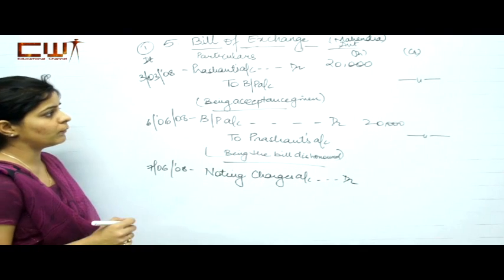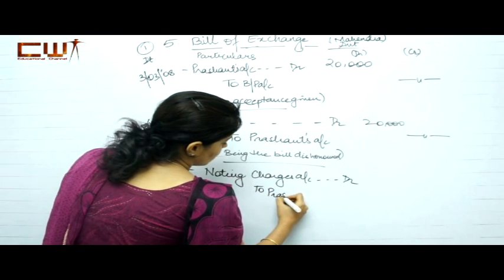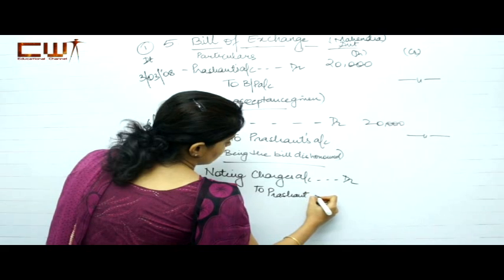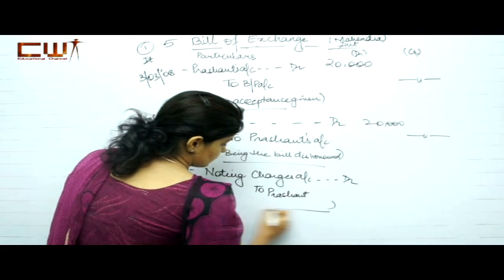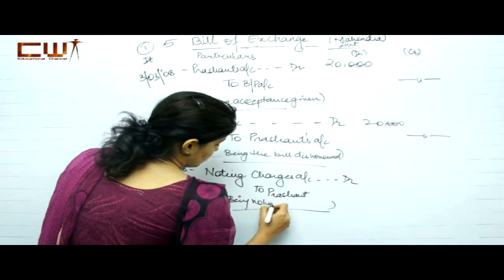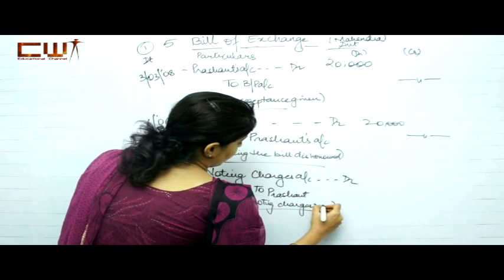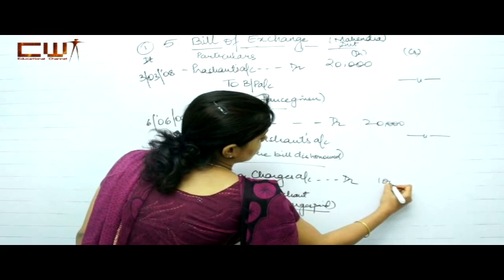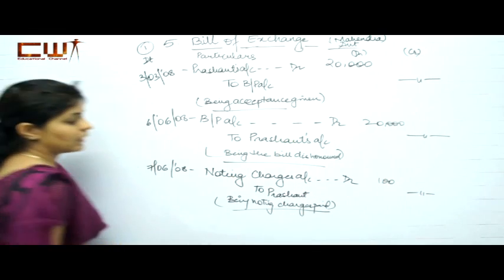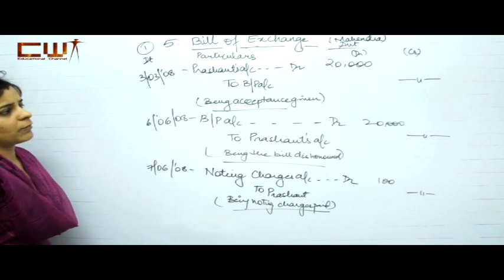Money is going out to whom? Being given to Prashant. So Prashant's account credited. Being noting charges paid. How much? 100.